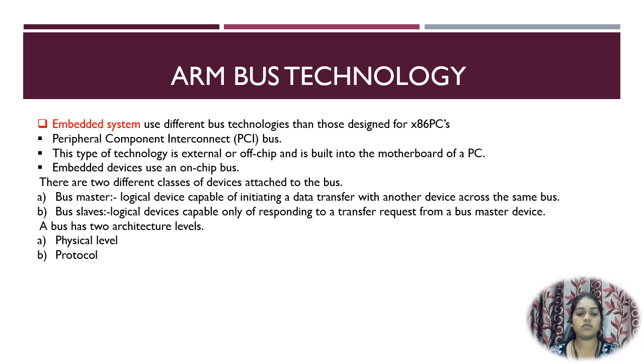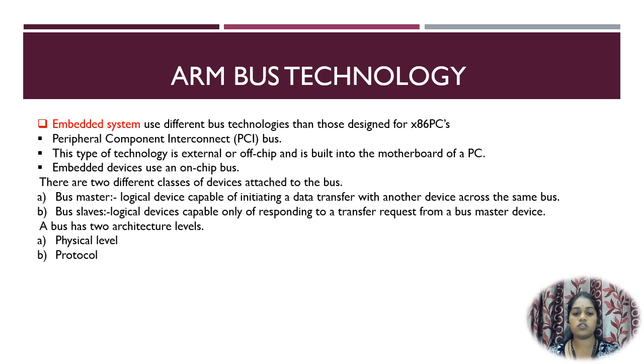Bus master refers to the logical device that is capable of initiating the data transfer with another device across the same bus, and it is responsible for monitoring and sending the various tasks. Bus slave refers to logical devices capable of only responding to the transfer request from the bus master device.